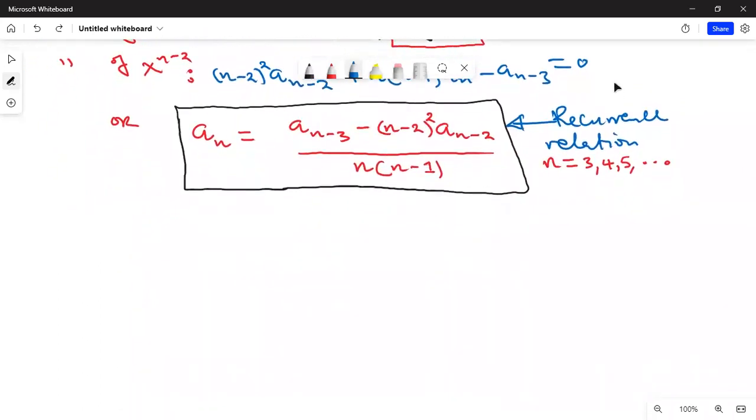Now, let's start with n equals to 3. So when I put n equals to 3, what am I going to get?